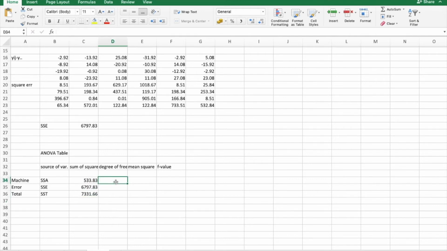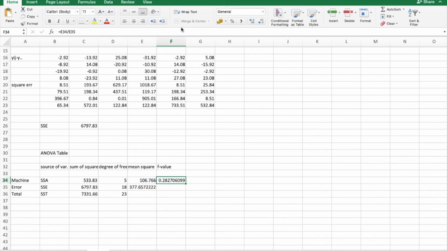Degrees of freedom: treatment is 5, error is 18, and total is 23. Mean sum of square is this divided by this, and the same for the sum of square of error. What is F value? F value is nothing but mean sum of square for machine divided by mean sum of square for error.